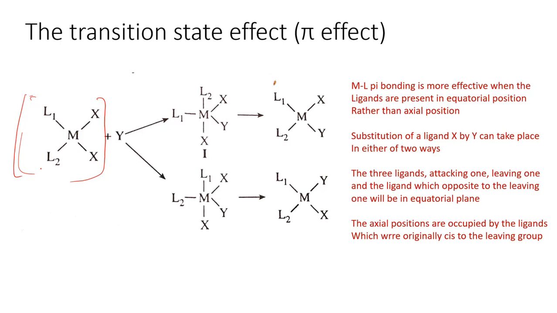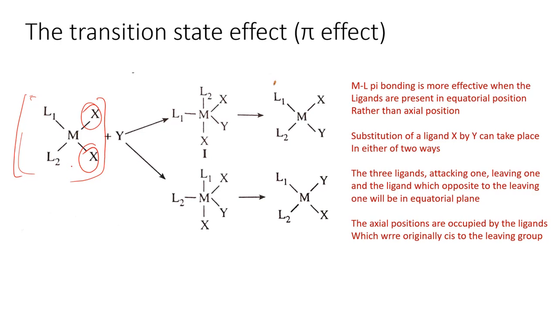How? Because when Y is attacking, suppose there are two X ligands, and we are taking an example where X are the leaving groups, or X would be replaced by Y. Then there are two X, so there could be two pathways also. So now here are three rules.